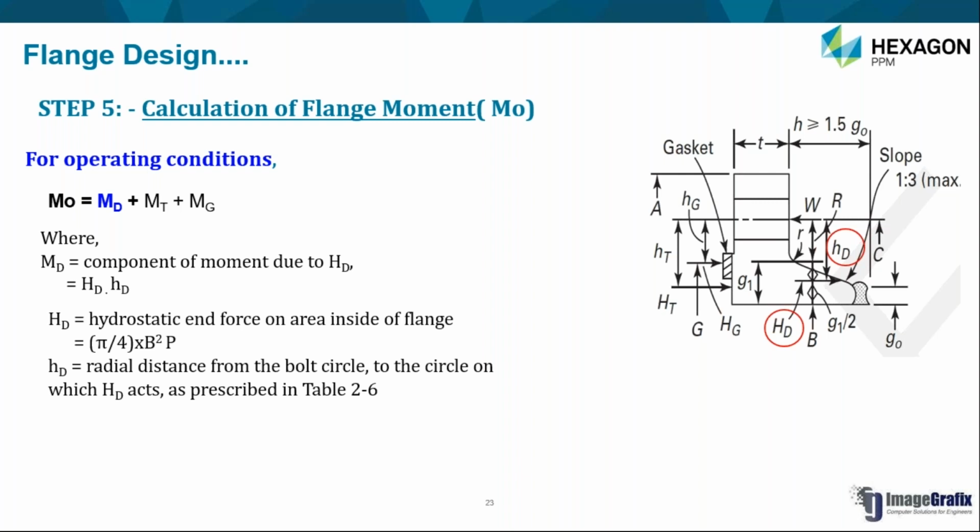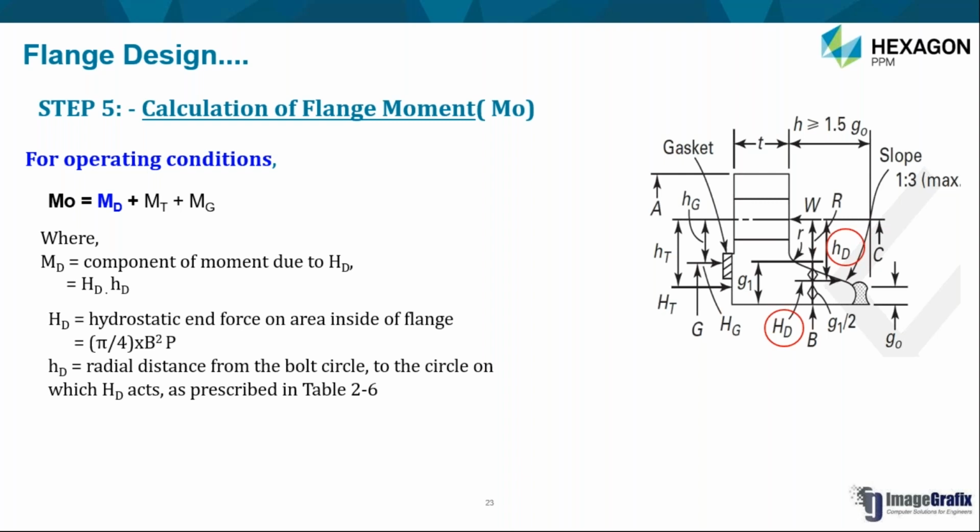So MD is the moment arising because of the force HD, where HD is the hydrostatic end force acting at the ID of your flange, and hence the area across which it is applied is pi by 4 B square, where B is your flange diameter. So pi by 4 B square into P will give us HD, and the distance from this HD to the PCD is termed the moment arm.